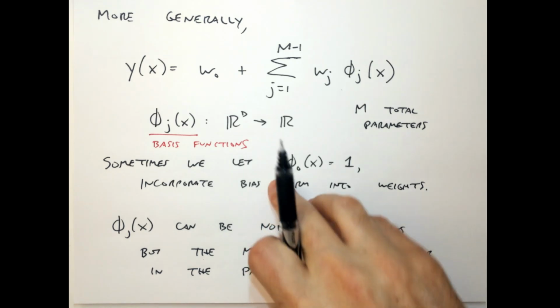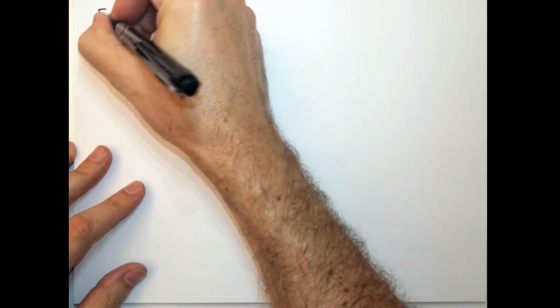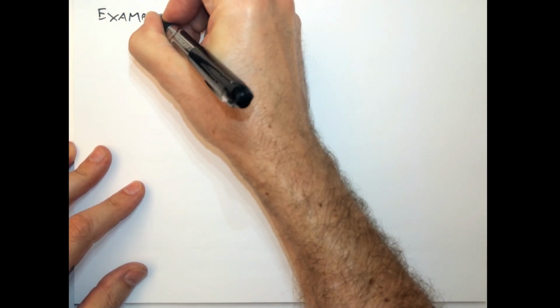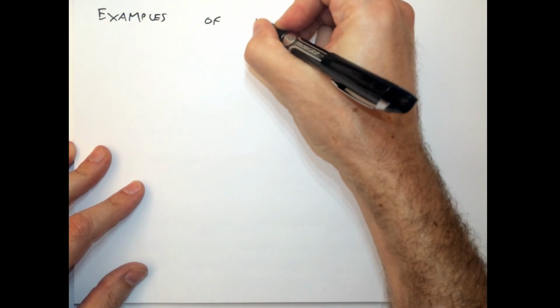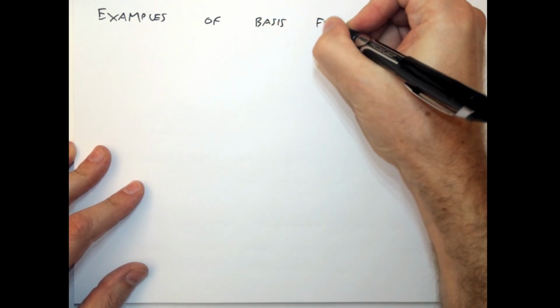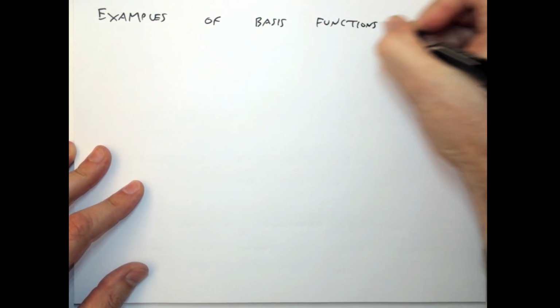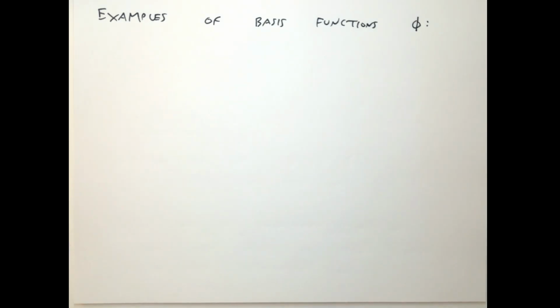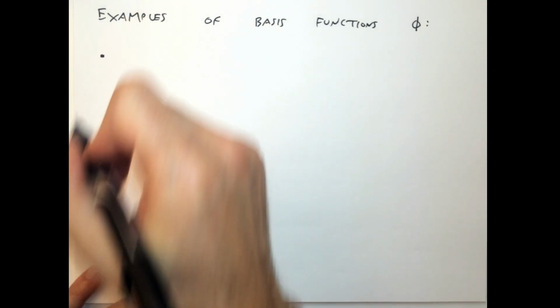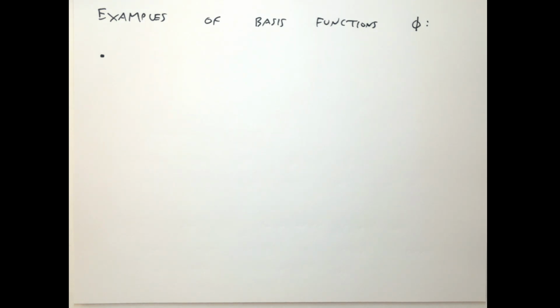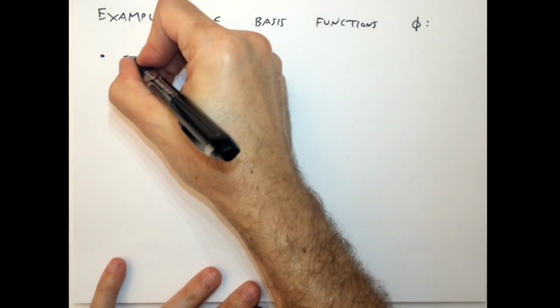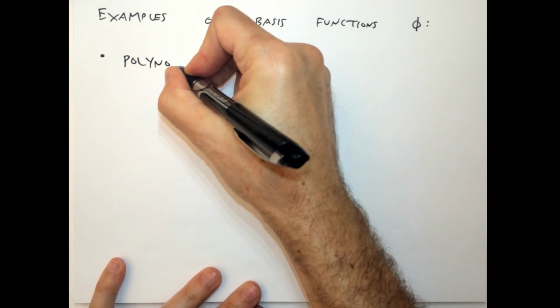And so, for example, what could we use for these phi functions? Example basis functions. If we only have one dimension of x, like one x to every t value, then we could use what's called the polynomial basis.